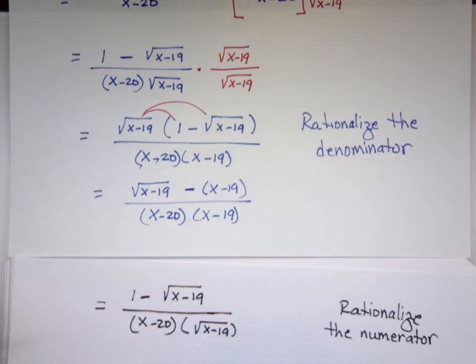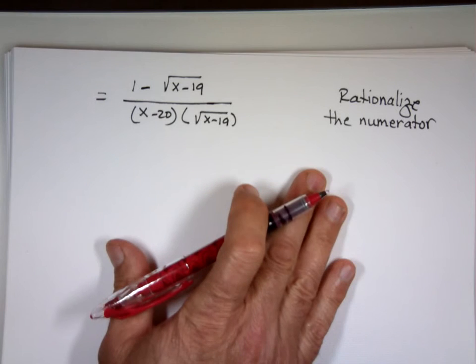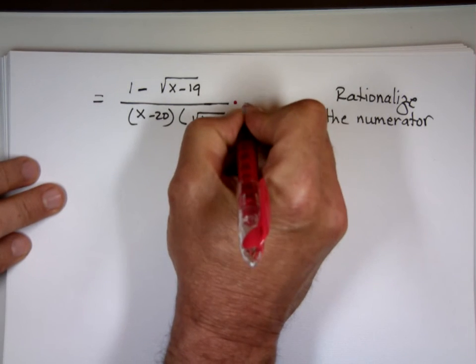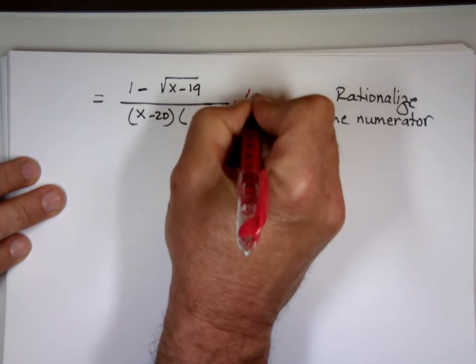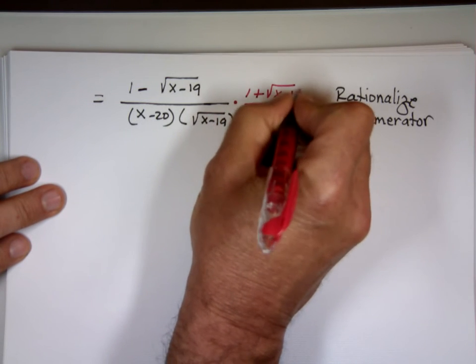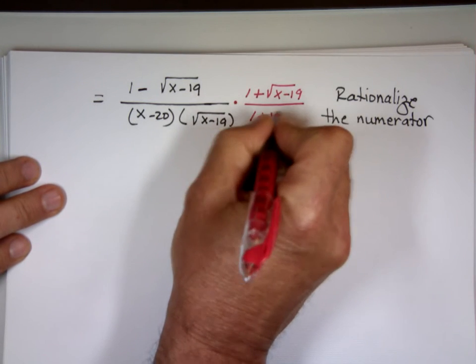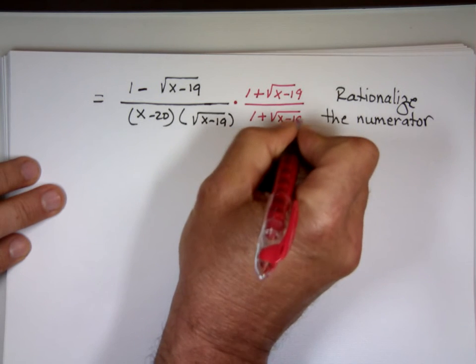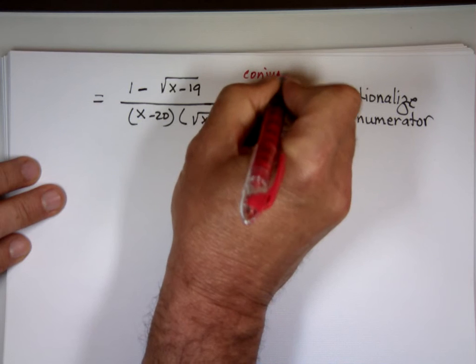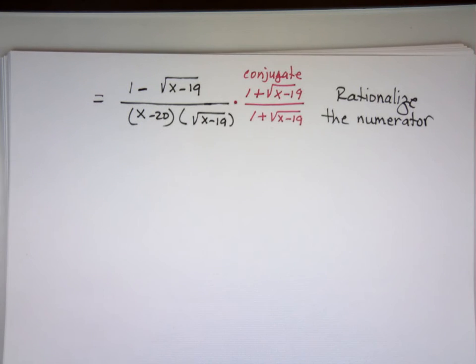How would you get rid of that? Very good. What is that called? Yep, very good. Conjugate. Multiply by 1 plus. Change the sign. This is called a conjugate. We switch the sign.